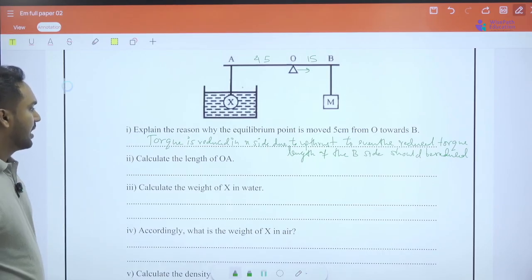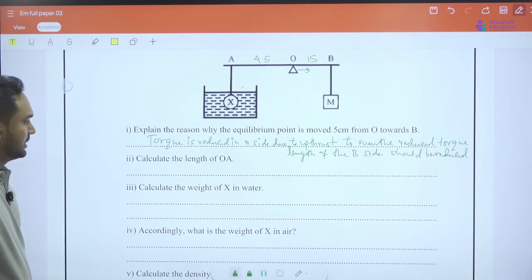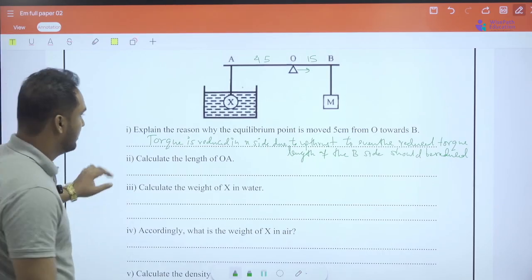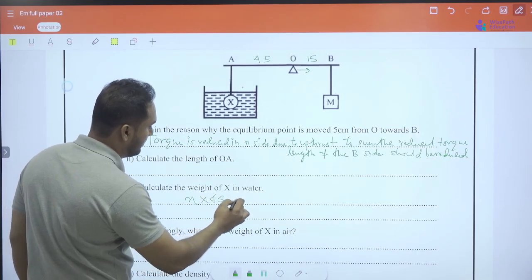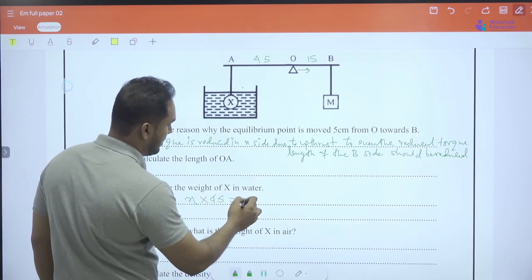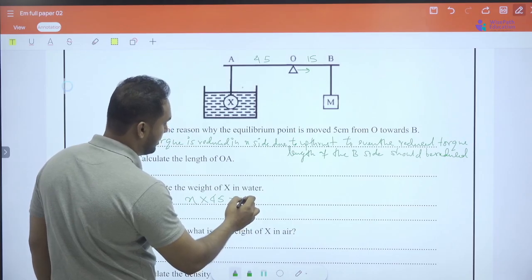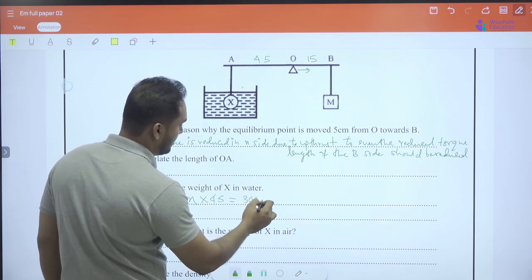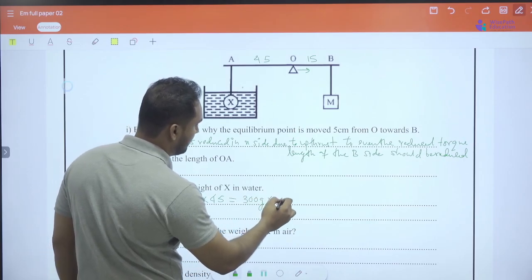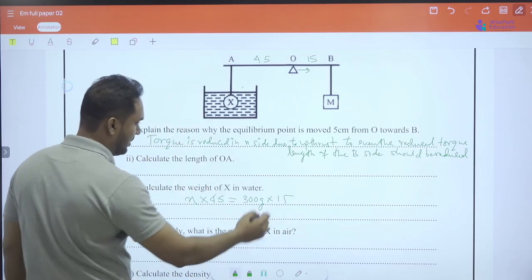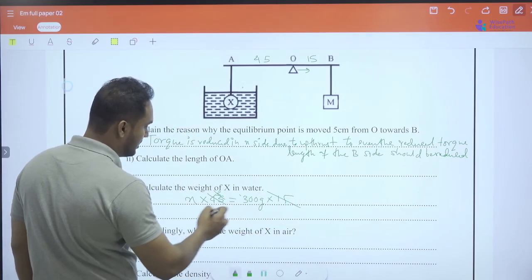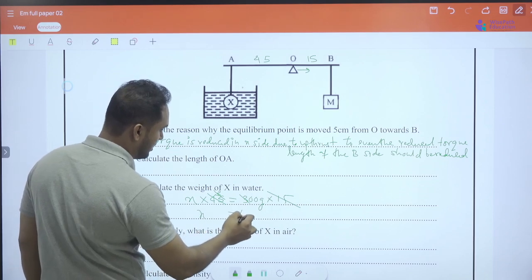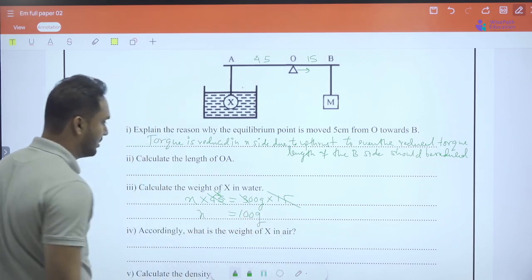Calculate the weight of X in water. Now that will be X into 45 equals M, which is 300 grams, into 15. So 15 times 3, that is 100 grams.